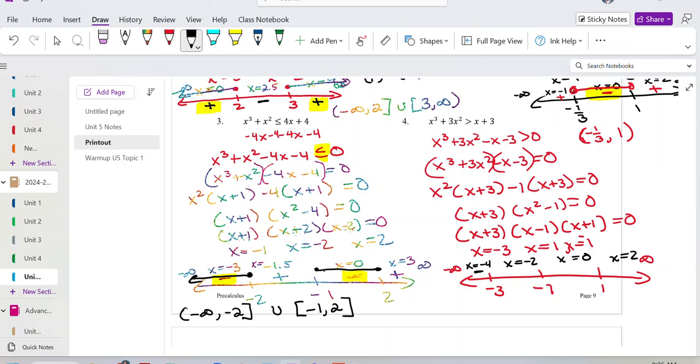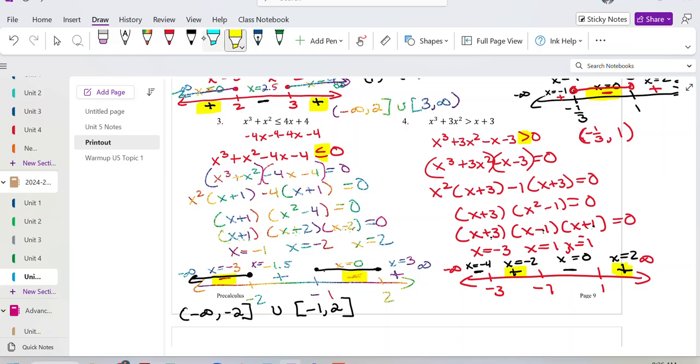So 3 negatives make a negative. Negative 2 will give you positive, negative, negative. So that makes it positive. 0 is going to make it positive, negative, positive, which makes it negative when you multiply. And 2 is going to be positive, positive, positive. So it's all positive.